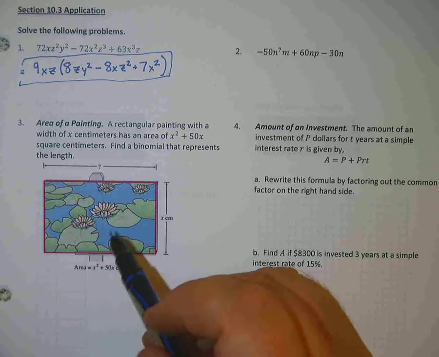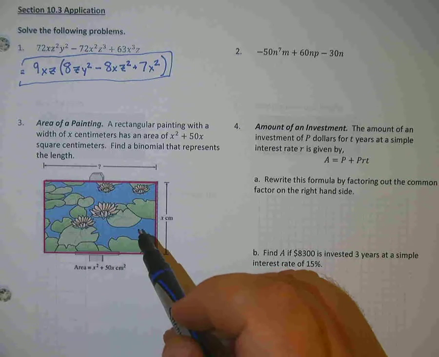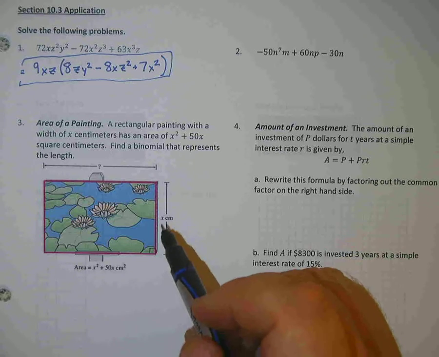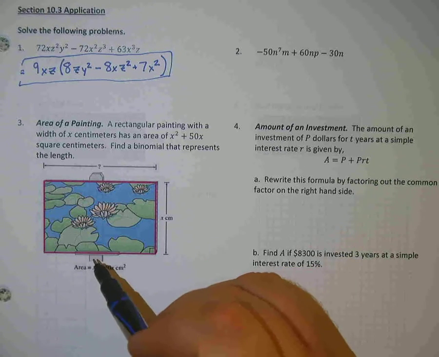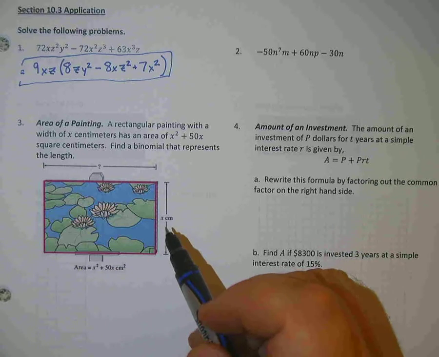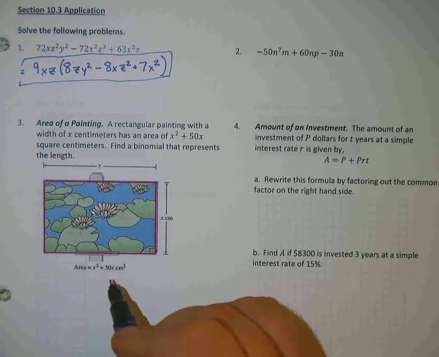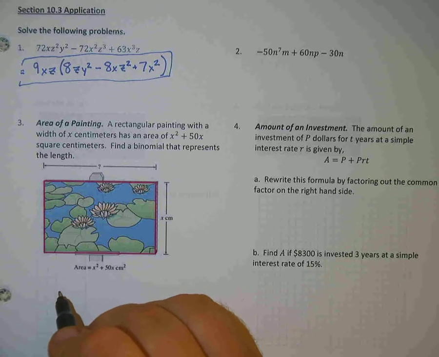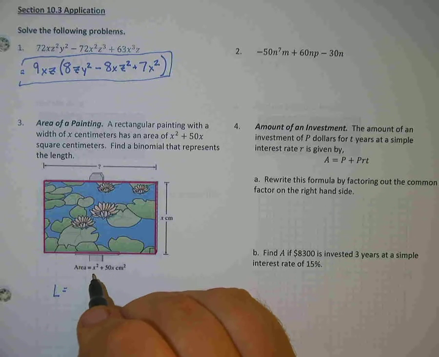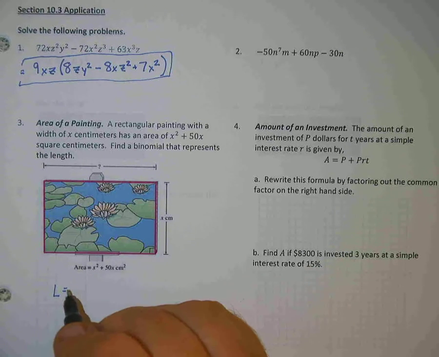Well, when we find area, it's length times width. I already know the width and I know the area, so you can think of it as dividing. So I'm going to take an x out of each one of these terms. I'm looking for the length, so I'm going to go x squared divided by x.